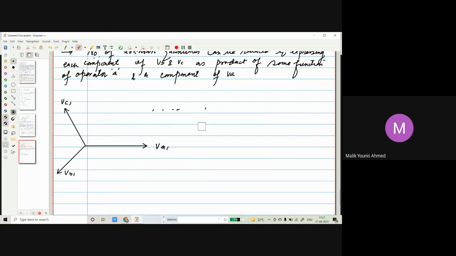I'll write it later on. First, it's a phasor. Let's again copy the second one.